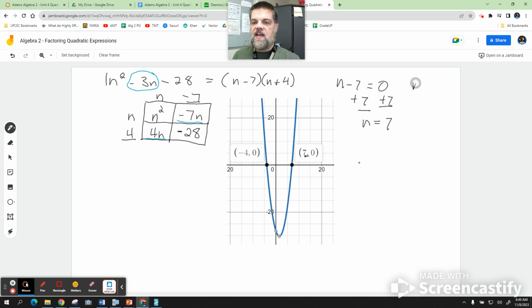And then if I say n plus 4 and set that equal to 0, I subtract 4 from both sides, and I get n equals negative 4. That's what this is. Remember, we need to label this. So let's start thinking about the terms. These are factors. This is our quadratic expression.